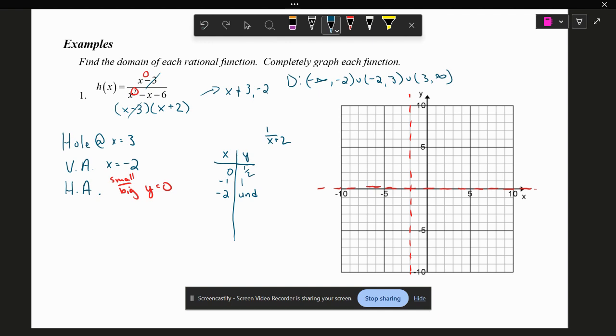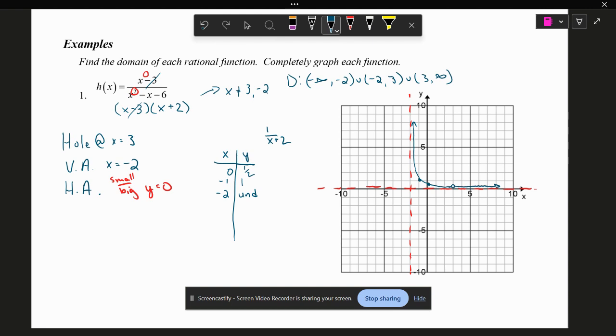So negative 1, 1, and then 0, 1/2. So right here, this graph is going to look like this. Now I'm going to have a hole somewhere around 3. So where 3 is. I'll show you how to find that point exactly in a minute.